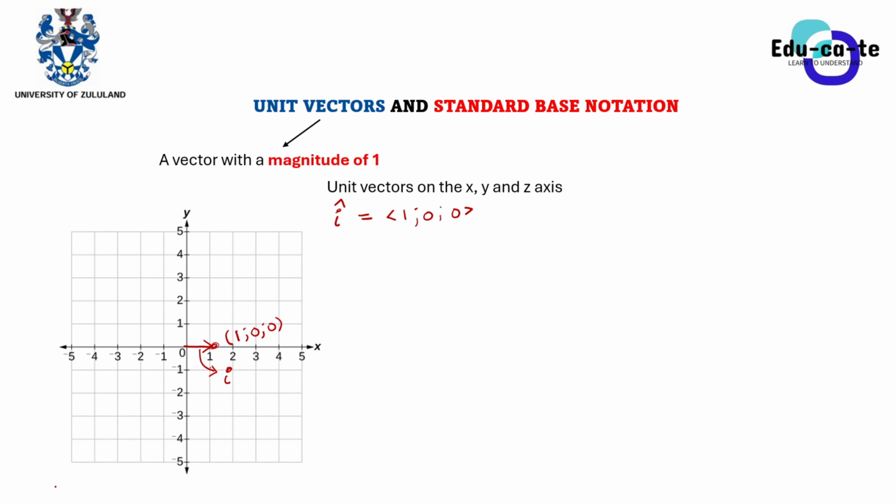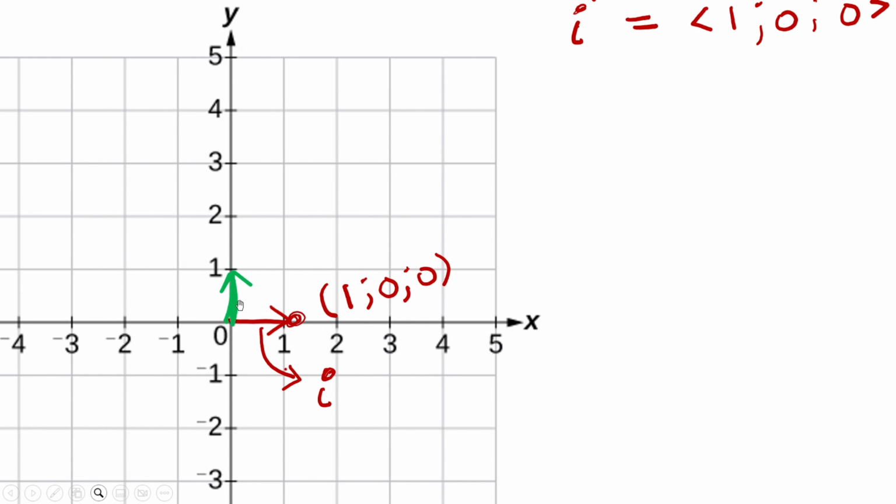We can do the same thing and draw a vector along the y-axis, and we make sure that vector has got a length of 1. For example, here we draw from the origin a vector that will have a length of 1. We can see that this green vector is moving from the origin where x and y are 0, and it is going to this point where y is 1.